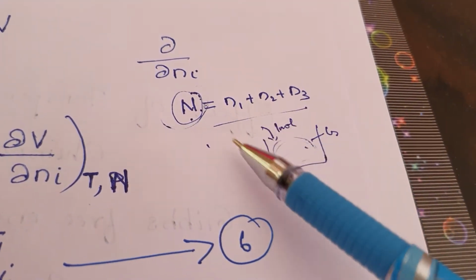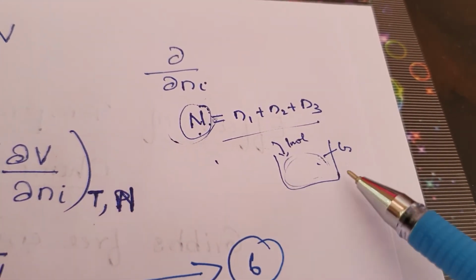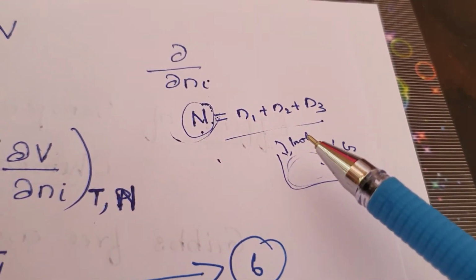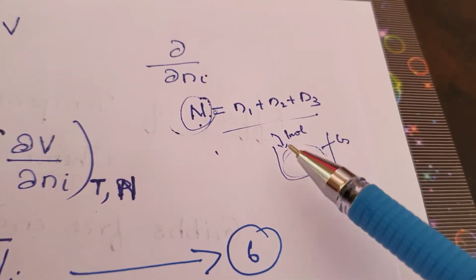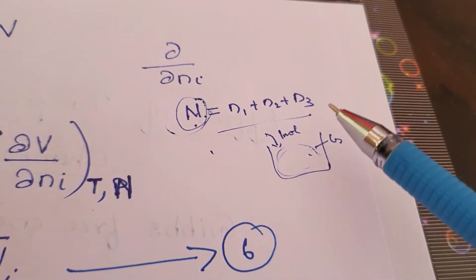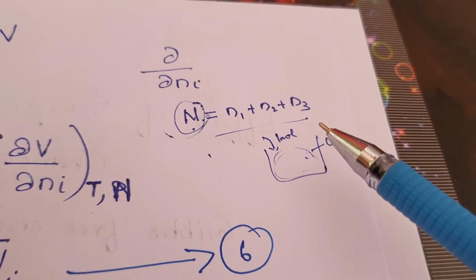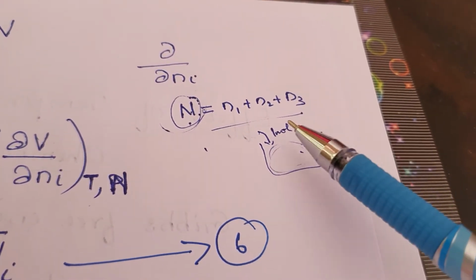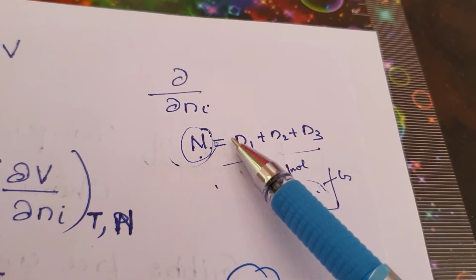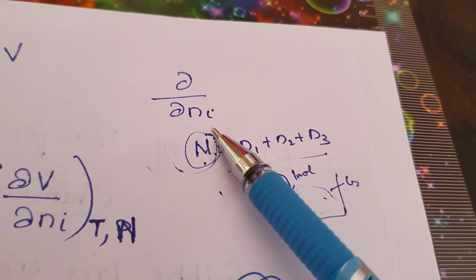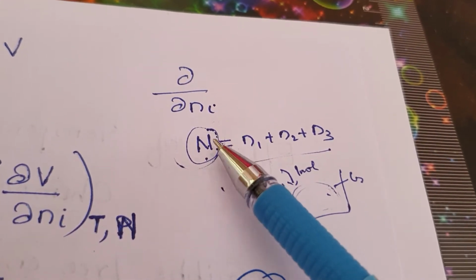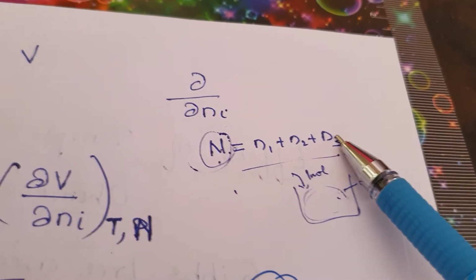Now when we gave the definition of chemical potential, we took it as the change in property when we are adding 1 mole of any component to such a large system that the addition will not have any effect on the concentration. So even if we add 1 mole to N1, N remains as N. That is, you remember, the total number of moles.